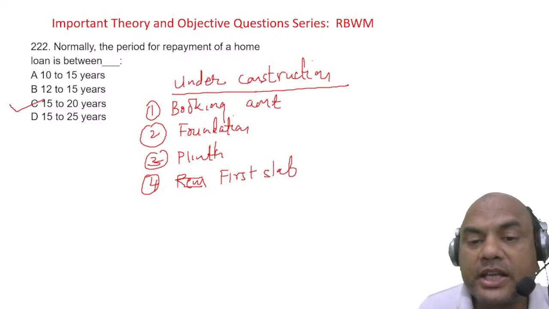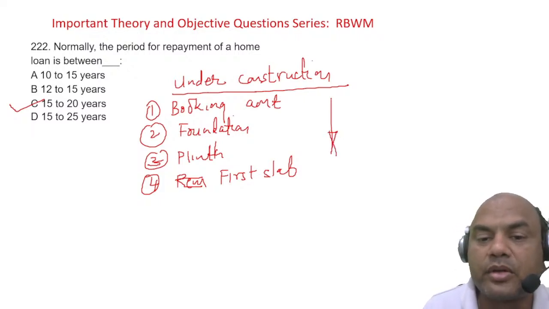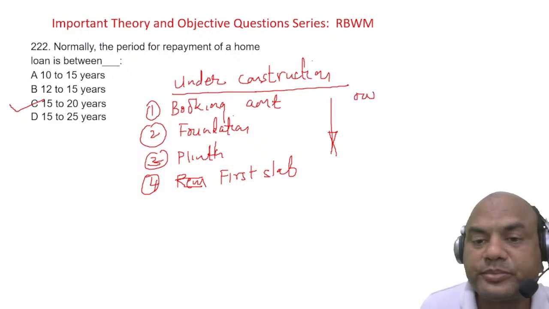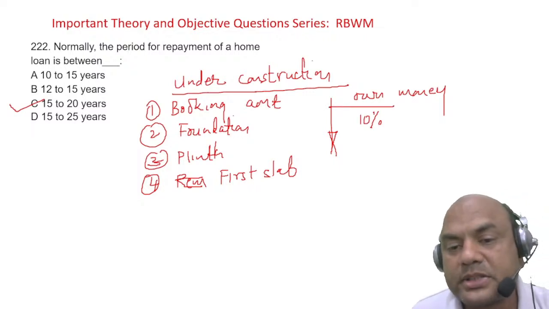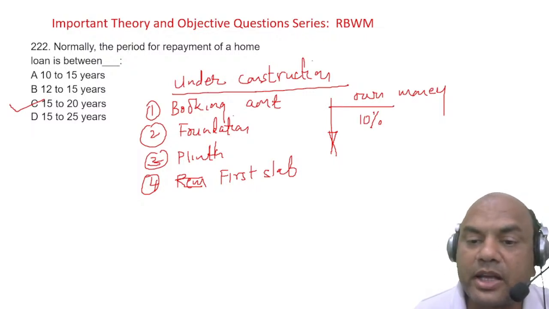The series goes on, and you disburse. Let's say at the booking amount, you give your own money, right? Booking amount is generally given by the customer himself. Then at foundation you give 10%. Now here the bank loan starts. Bank disburses 10%. Then at plinth level again 15%.